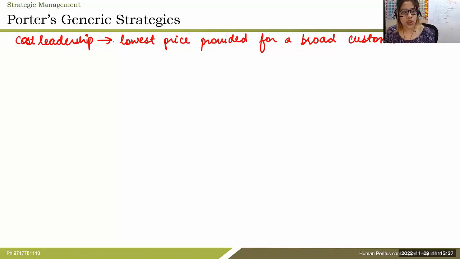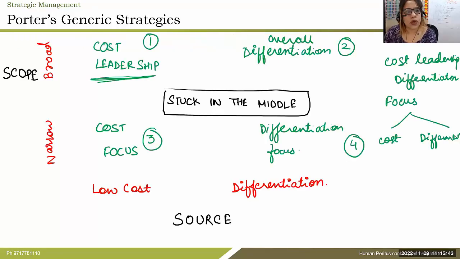Please look at the diagram. The Porter's generic strategy says that in order to achieve the competitive advantage, the company or the organization has to go for any one of the strategies, whether it is a cost leadership strategy or a differentiation strategy or a focus strategy.